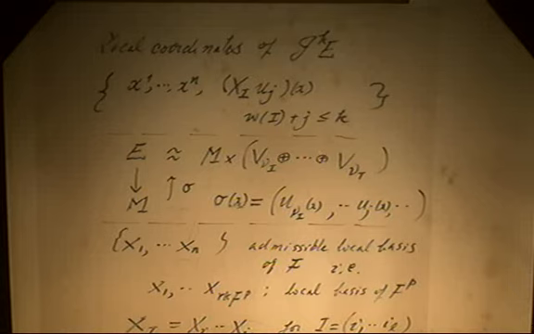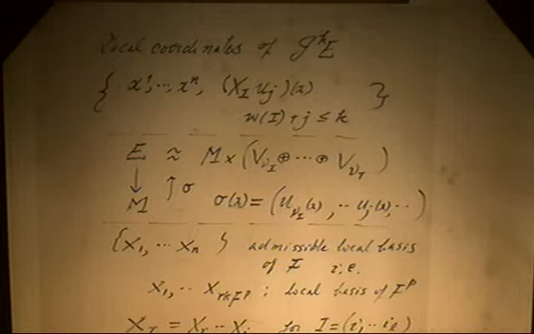Then the section of E can be expressed as a function of M as u nu 1, u nu 2, up to u nu j, et cetera, as a vector valued function, taking values here. So these u_j are vector valued functions indexed by the decomposition of this.